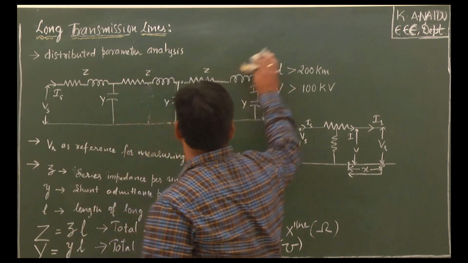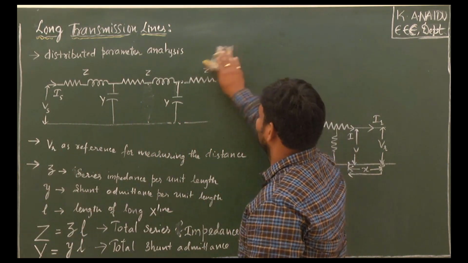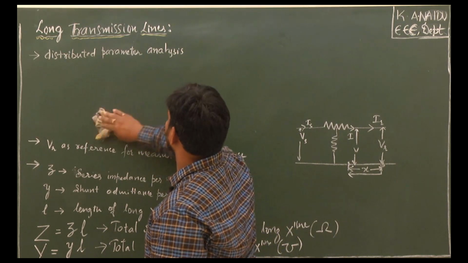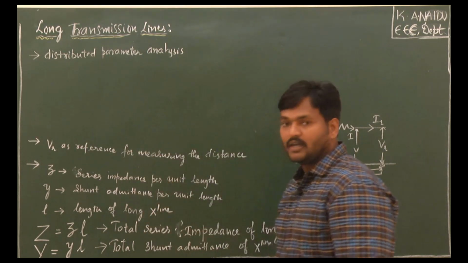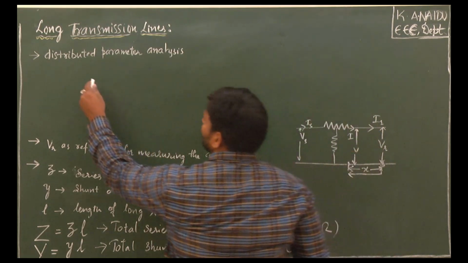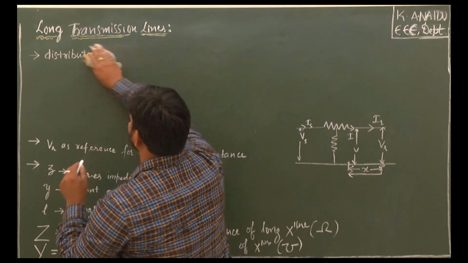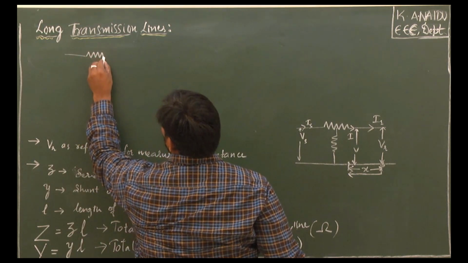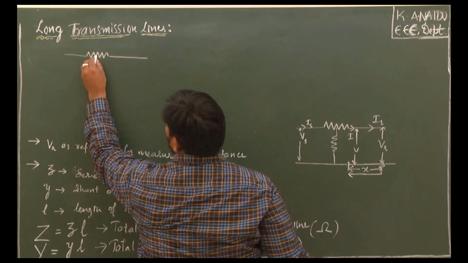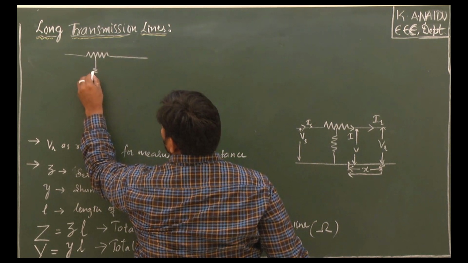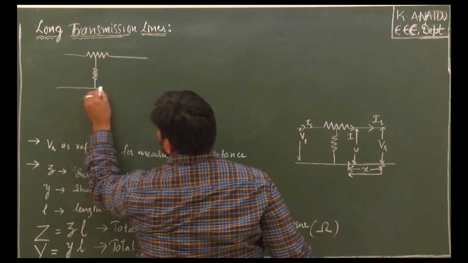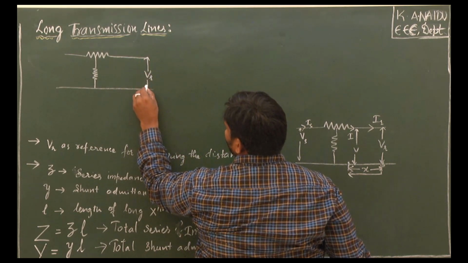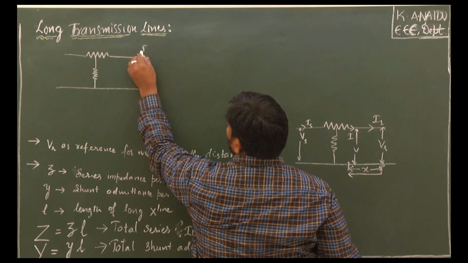Now let us assume a small portion of the transmission line which is having a length of delta x. Suppose this is receiving end voltage VR, receiving end current IR.